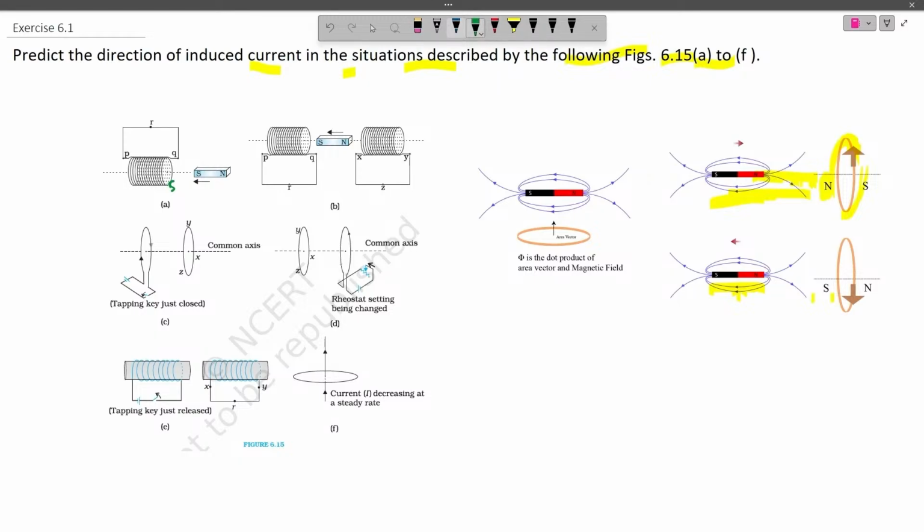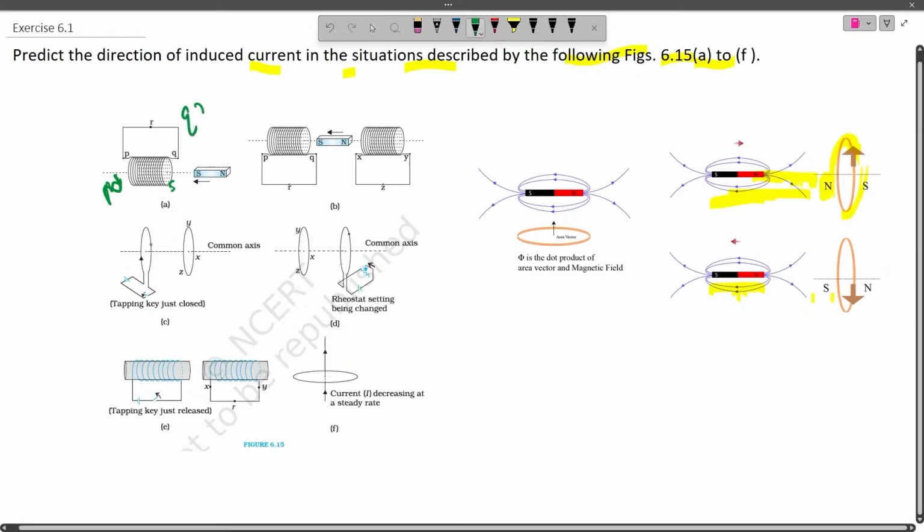To create a south pole over here, a north pole must be created over here. Applying the right hand thumb rule, to create a north pole on the left side, the current must flow in this anti-clockwise direction, that is QRP. So the direction of current is QRP and Q again.